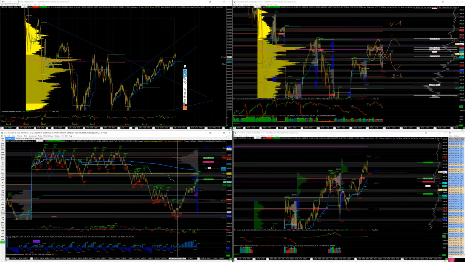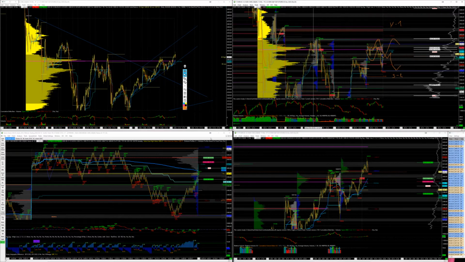Let's move my scenario 2 to the LVN at 80, and then back up to the mid and IB low where it closed. So that was what played out versus what I had planned.